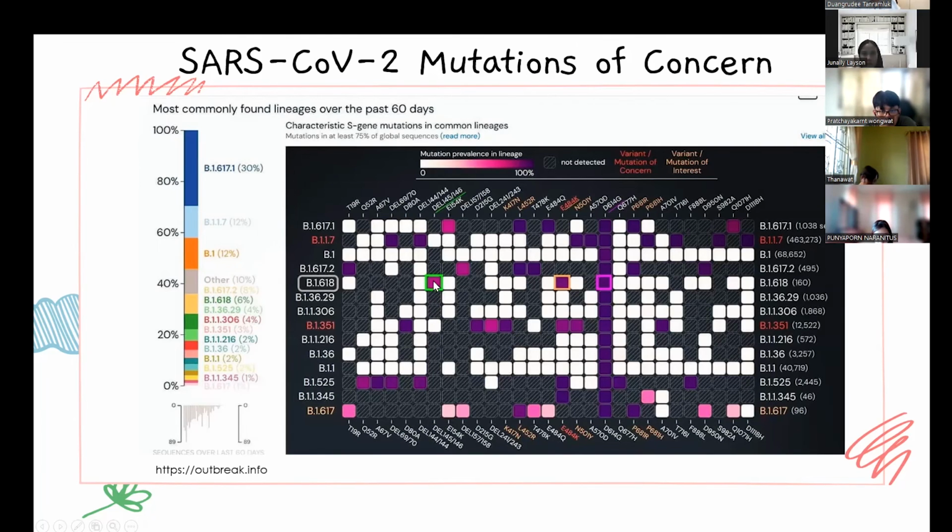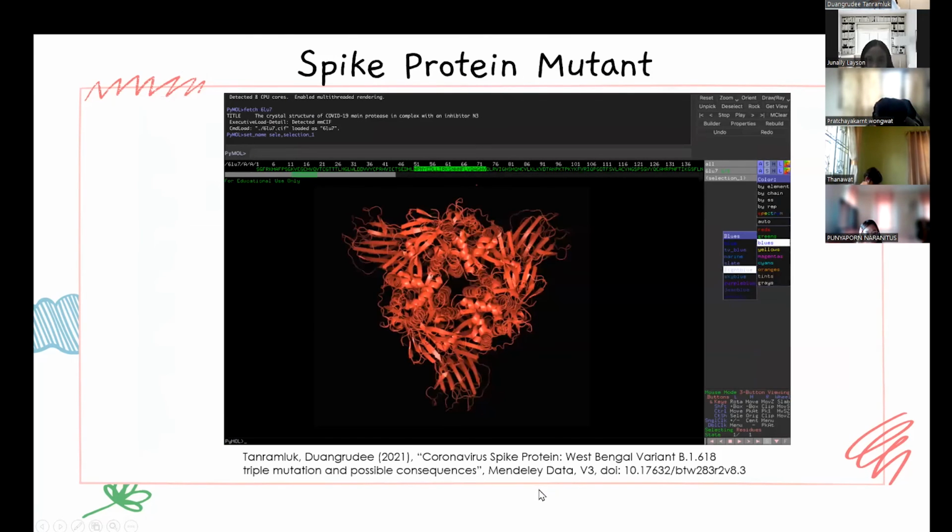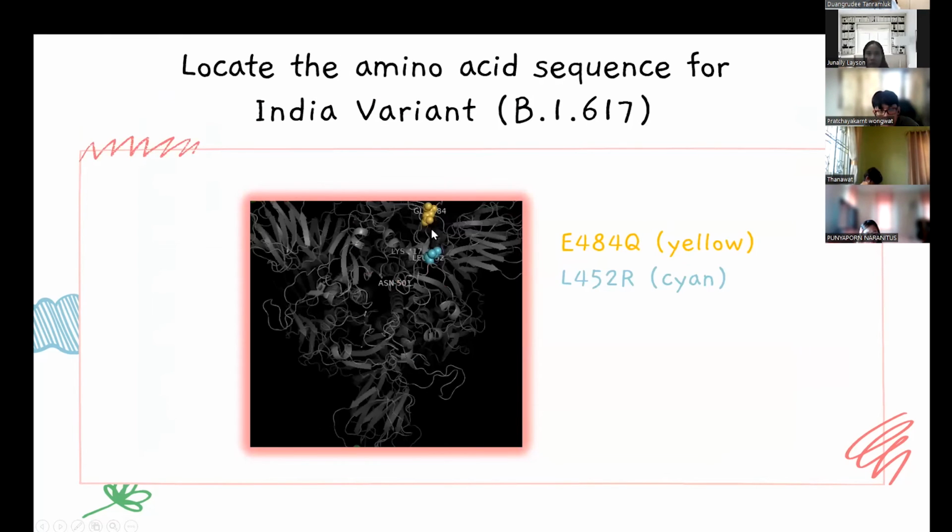It said at position E484, it changed from E to K. And at position 614, it changed from D aspartate to glycine, for example. So we open the file 6ZP2 in the molecular visualization tools, and then we can map the location.